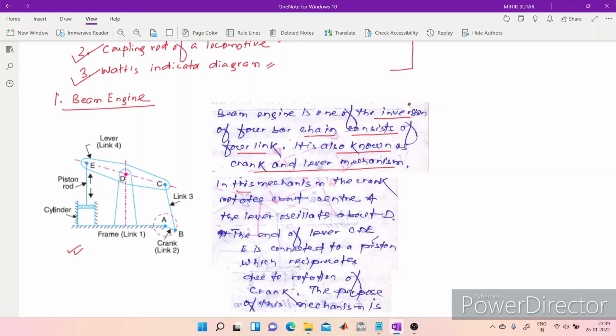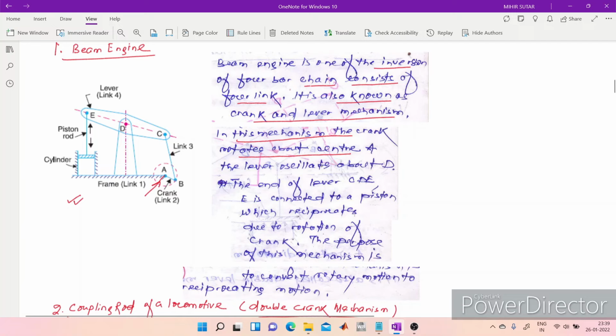So in this mechanism, the crank rotates about center A. This is the center A about which the crank AB rotates. The lever oscillates about D. Link 4 is the lever, and it oscillates about this point D. The end of the lever CDE is connected to a piston through this piston rod.